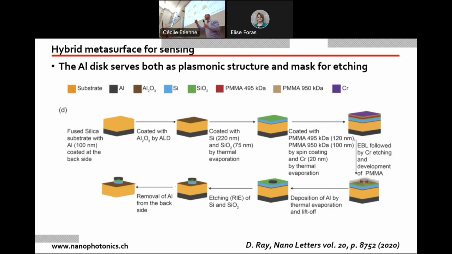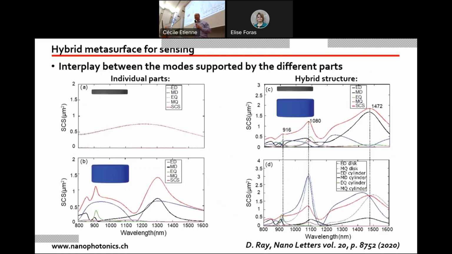So the aluminum cylinder is both the metallic nanostructure that we use in our structure and the mask that we use during the process. This aluminum cylinder is made on top using simply a lift-off process. We write in the photoresist, PMMA in that case, the aluminum cylinder, and then we etch through using it as a hard mask for the structure.